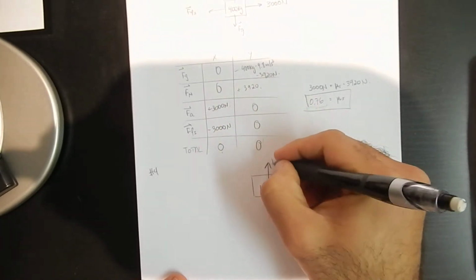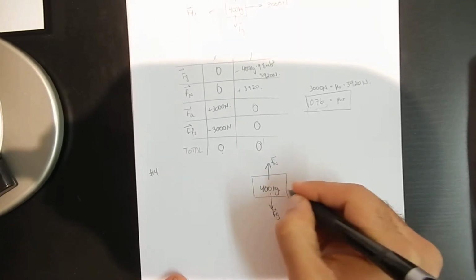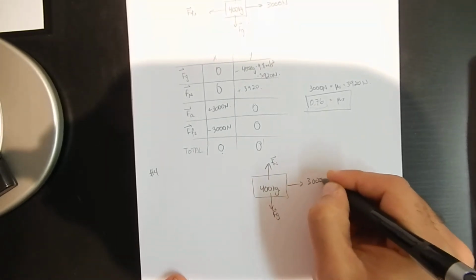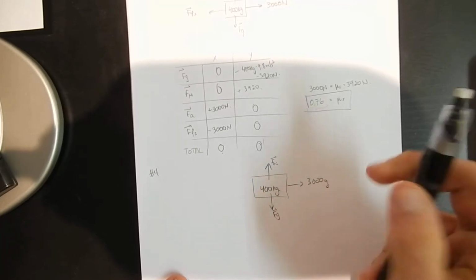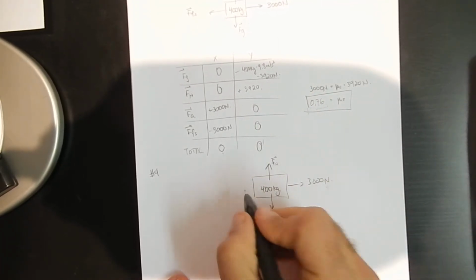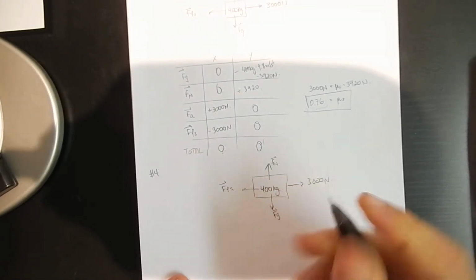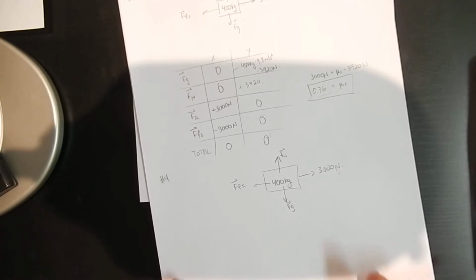I have a normal force. I have a force of gravity. I have the applied force, 3,000 N, sorry, 2,000 N, and I have a force of friction that now I know.